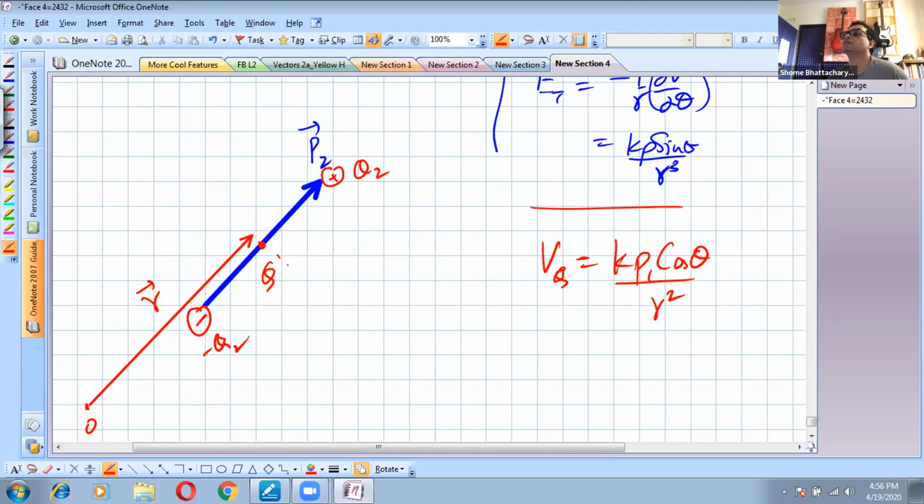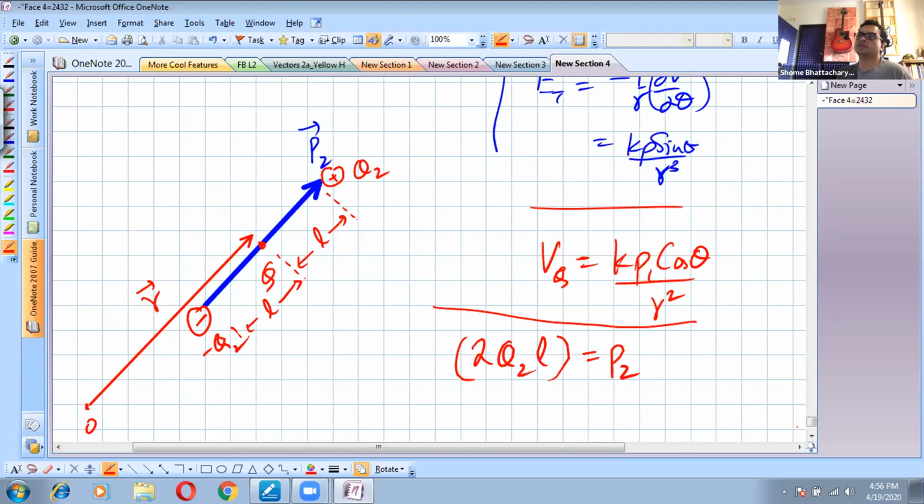They are at distances, let's say, L and L, where we know that 2 times Q2 into L is the dipole moment of this one, so that is equal to P2. This is the additional information. And of course, L is very small compared to R, because it was given to us that the dipole is very small.